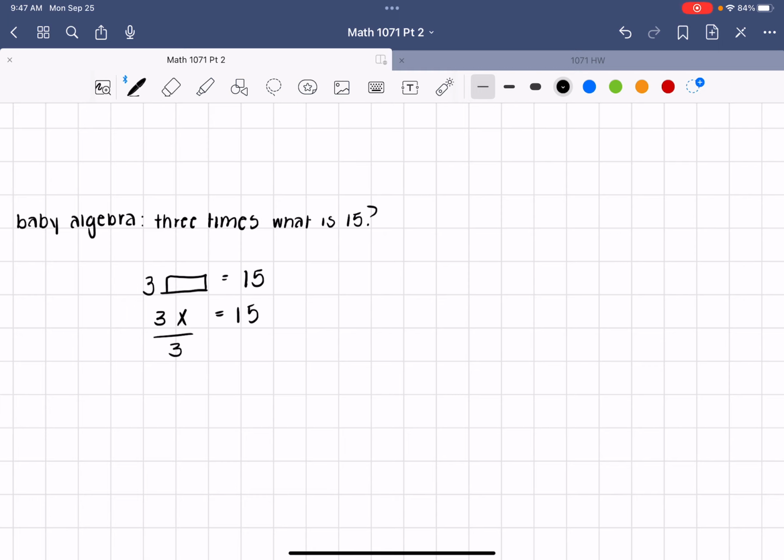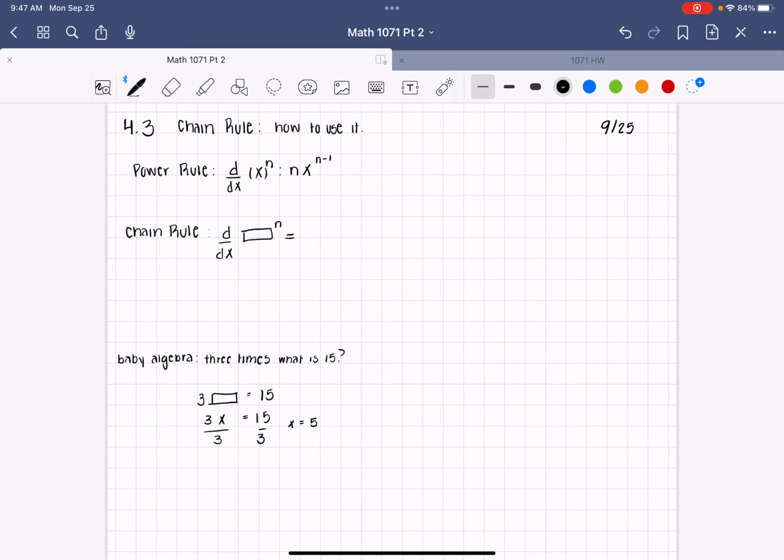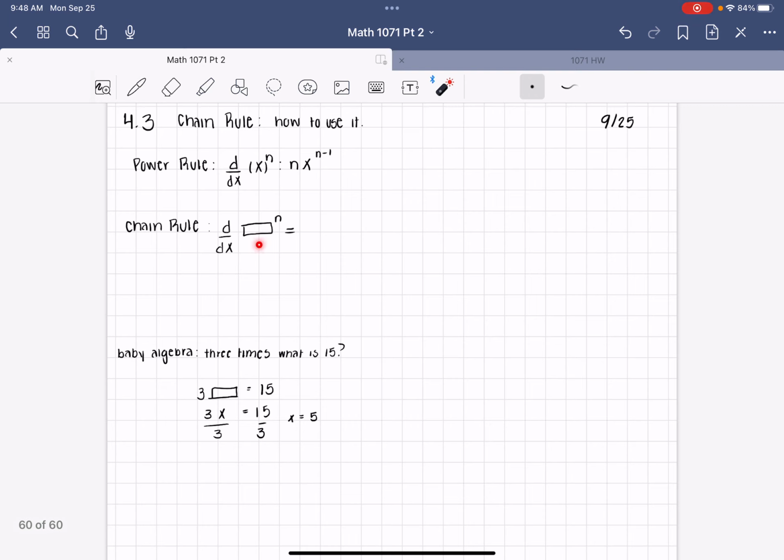Okay, my only point was, do you remember way back in baby algebra? They might have used a box to stand for something. Let me use the box here to stand for x, or maybe something more complicated.